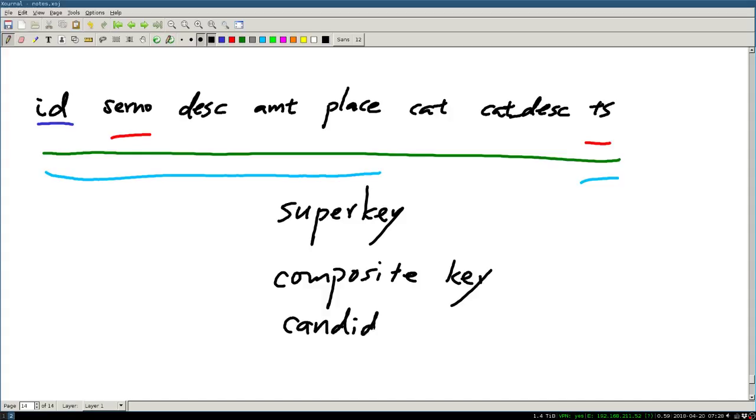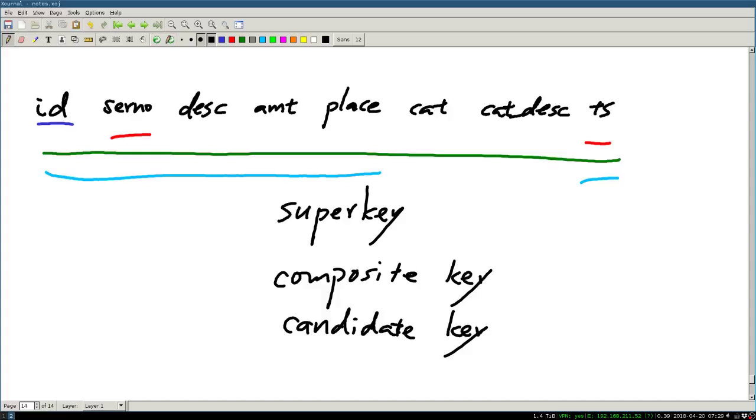Candidate key is a key. Maybe it's a single value key or a composite key. To be a composite candidate key, all the attributes in the key are required.